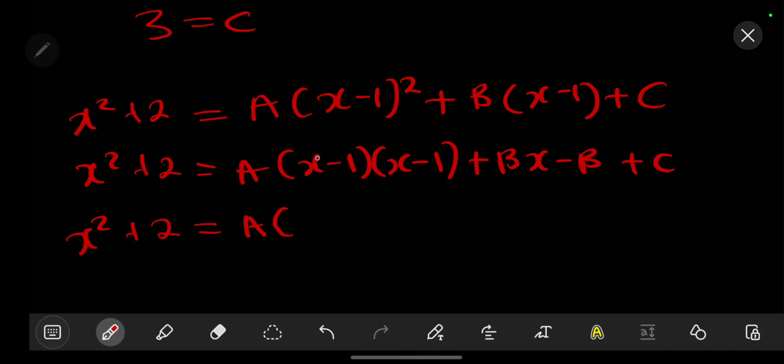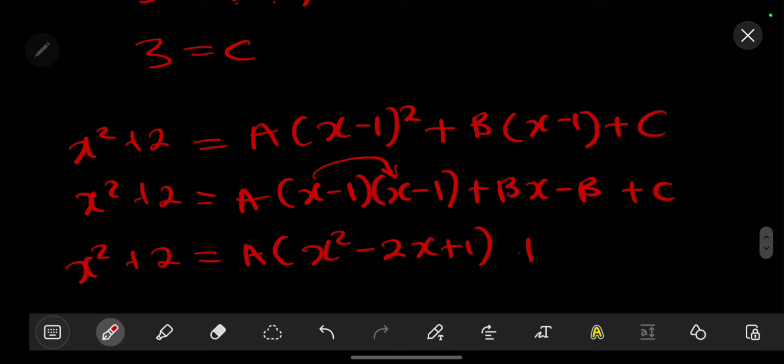Then we multiply. So we know now how to expand, so this will be x squared minus 2x plus 1, then we are going to have plus bx minus b plus c like that.